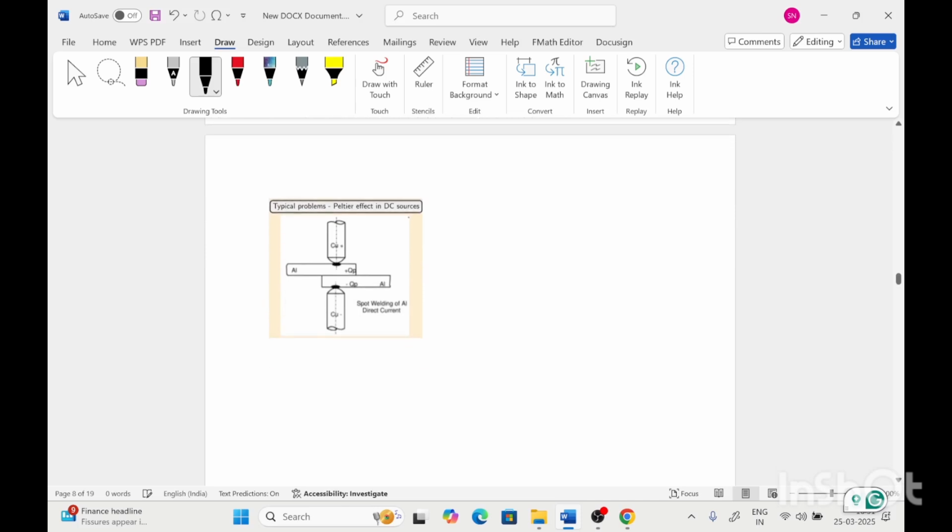Yeah, so in the second case, the Peltier effect in a DC source is also shown. This is the copper electrode and aluminum. So spot welding of aluminum with direct current. Because of this, the welding joint can happen at the electrode base plate interface. Means the current supply at the base plate interface is very less, and the resistance increased at the electrode and base plate interface.